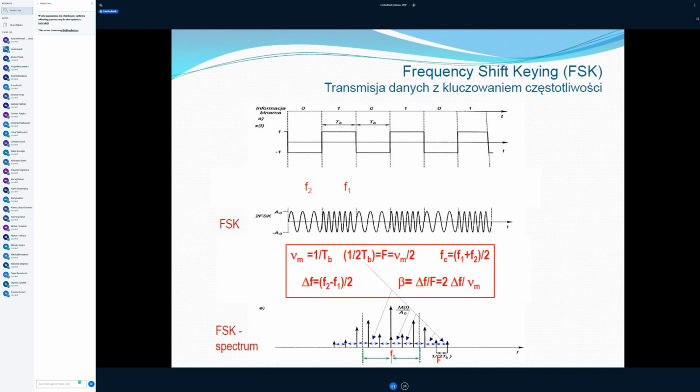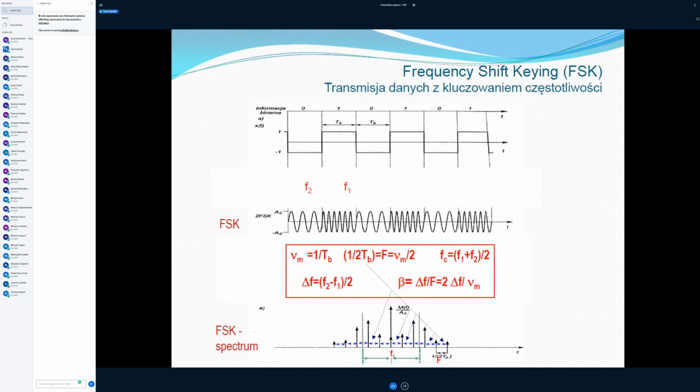And it depends on the difference between those two frequencies for 1 and for 0, and of course the frequency of the modulation, or modulation rate. So in fact, this modulation index is calculated as the frequency difference divided by the modulation frequency.